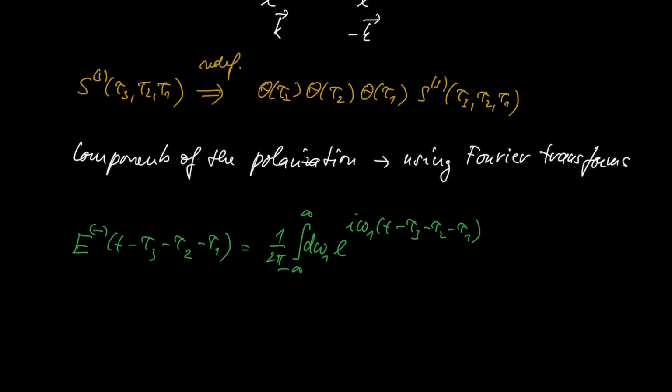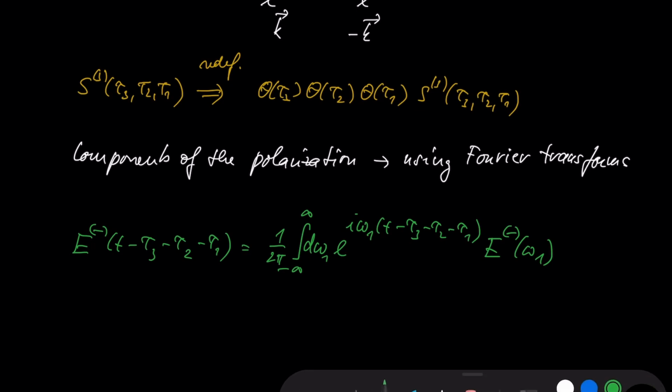This is therefore a negative frequency contribution. And here we have e minus of omega 1. That's the Fourier transform of E plus, and it contains a distribution of the frequencies, and it will peak around the frequency omega, which we assume to be the central frequency of the pulse.